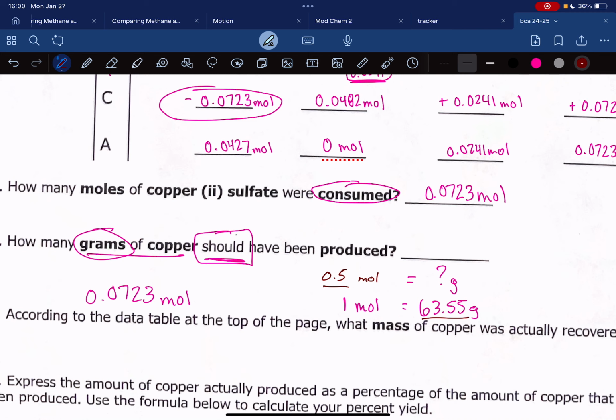It's the same as dividing by 2. So now, let's stop pretending, and we'll come back to our real number, 0.0723 moles. I can just multiply that by 63.55. We just demonstrated that that works. So we'll go 63.55, multiply by 0.0723, and I got 4.59 grams. And there's my answer.